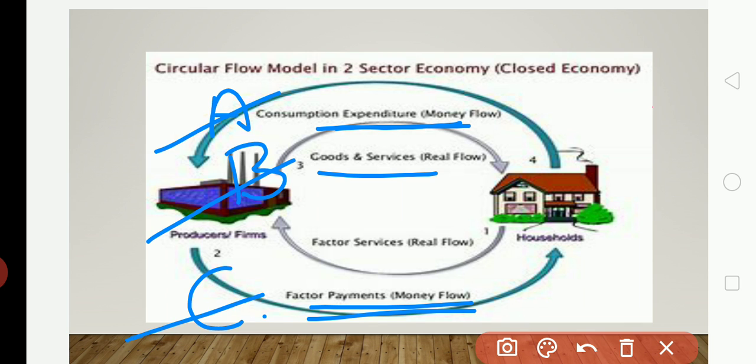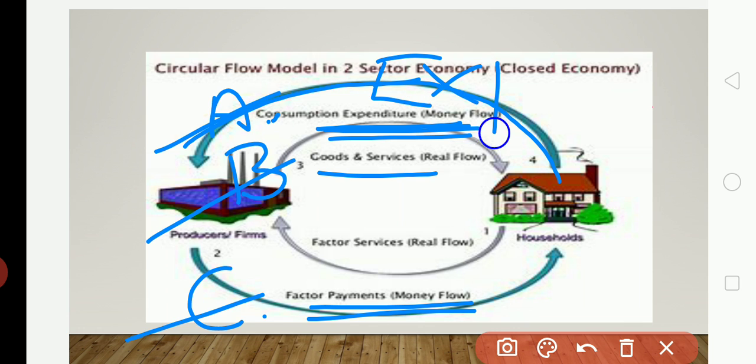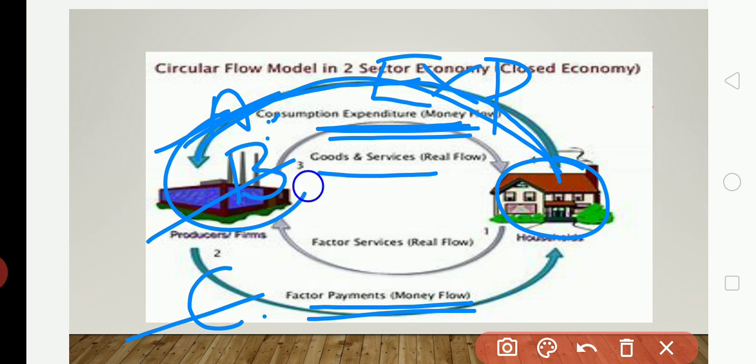Here the household is spending the money to the firm. It is called the expenditure method. At point A, what is the household spending to the firm? Adding up the income, meaning the household spending, that expenditure, is in money terms, right? For example, I am buying one bag. So I am a household, buying from the firm. That bag costs 1000 rupees.